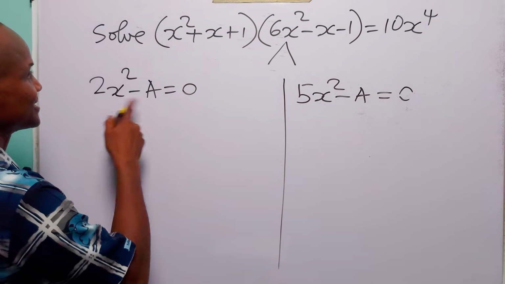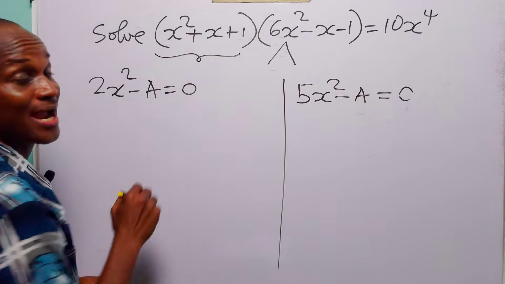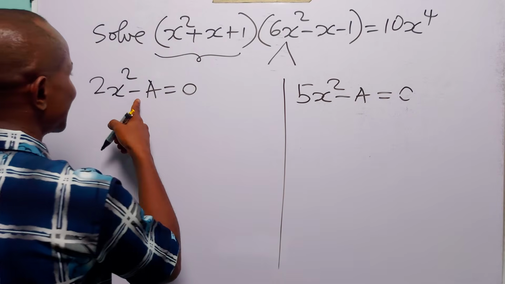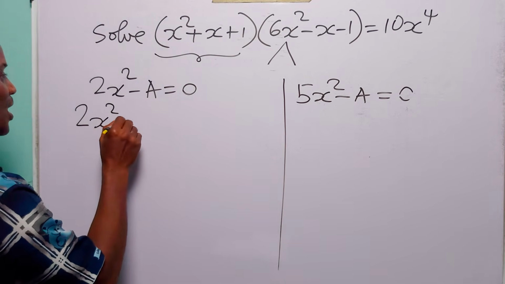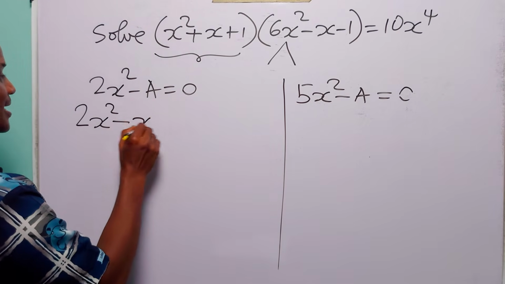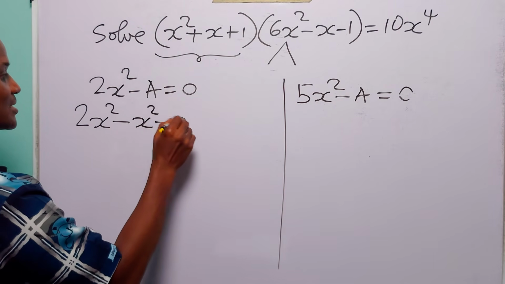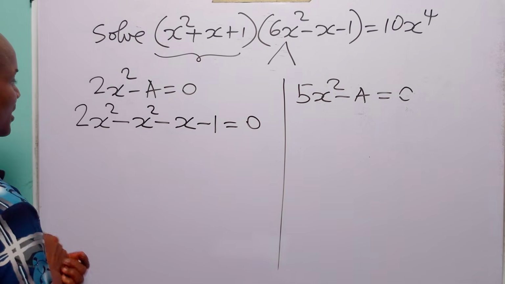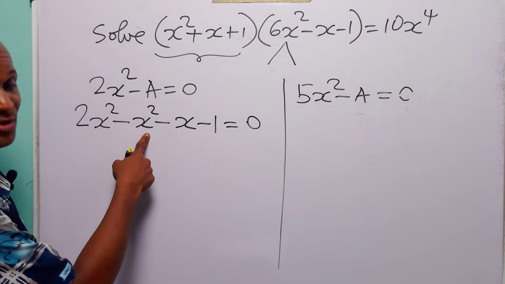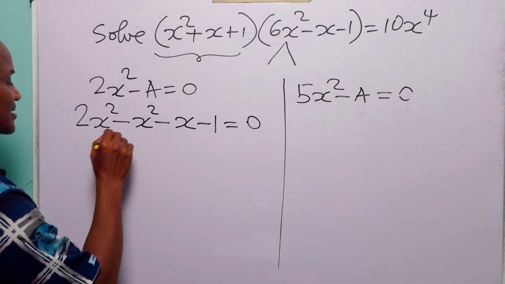And of course, since A is equal to x squared plus x plus 1, we can now write this equation as 2x squared minus x squared minus x minus 1 is equal to 0. 2x squared minus x squared is going to give us x squared.